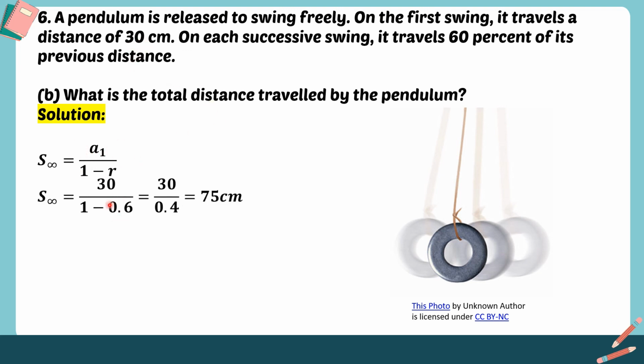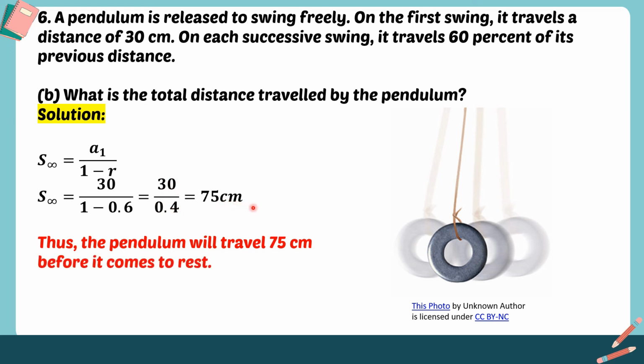And then, yung common ratio natin na 0.6. So, 1 minus 0.6, that is 0.4. Then, 30 divided by 0.4 is equal to 75 centimeter. So, all in all, ang magiging distance traveled by the pendulum is equal to 75 centimeter hanggang sa siya ay tumigil.